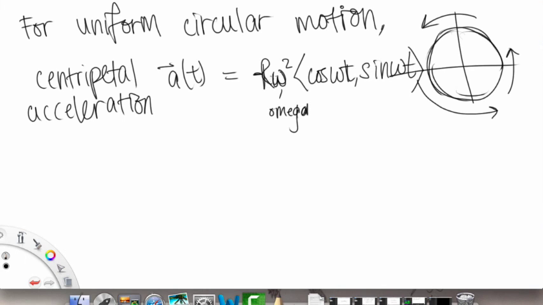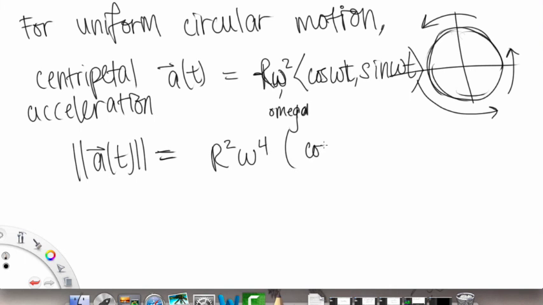The magnitude of this acceleration is going to be, and here I'm deriving a familiar formula you might have seen in a physics class, the square root of r squared omega to the fourth times cosine squared omega t plus sine squared omega t.